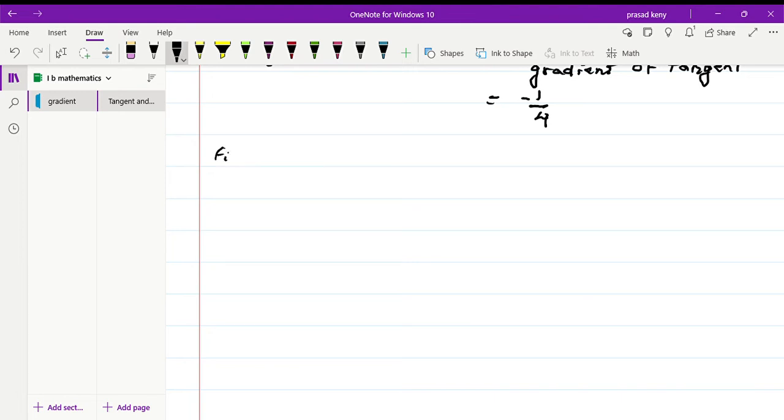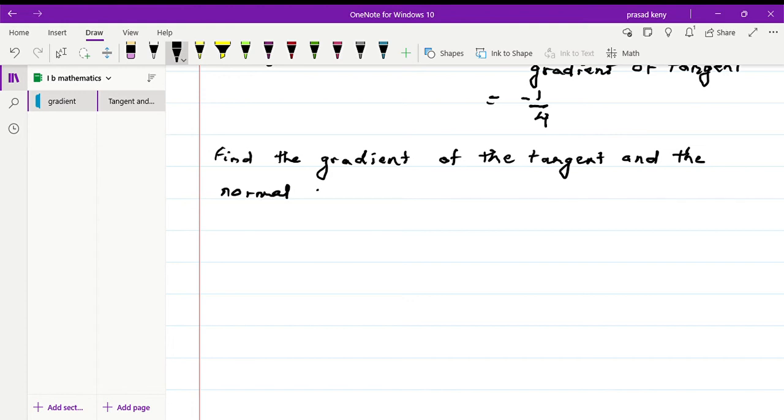Find the gradient of the tangent and the normal drawn to the curve y is equal to 2x square plus 1 at P, whose coordinates are 1, 3.